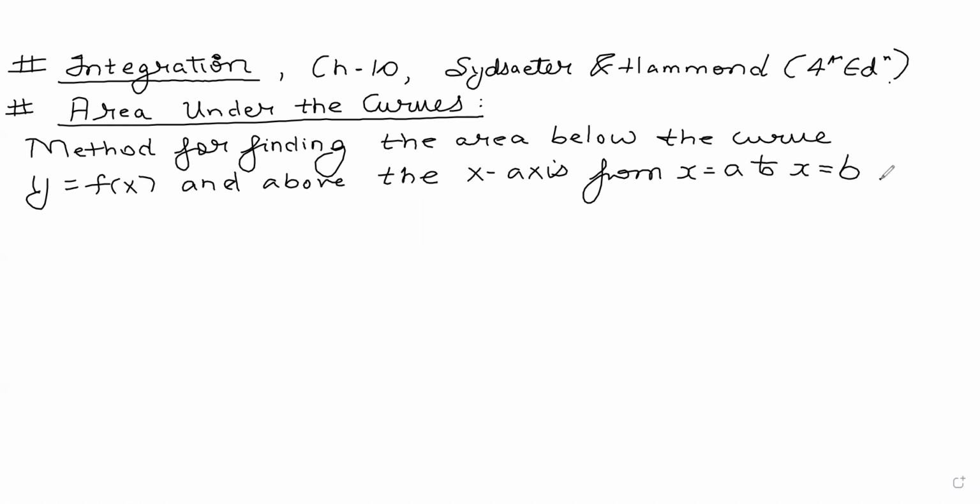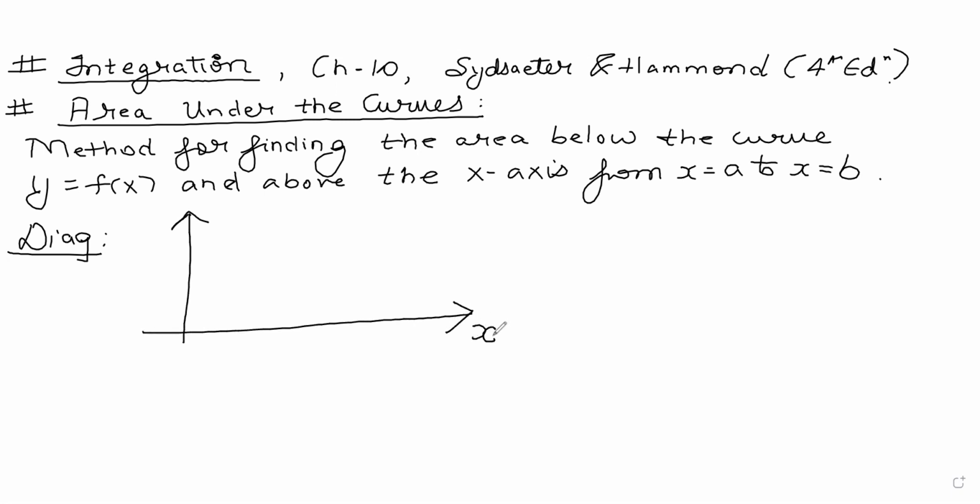So we are interested in finding the area below the curve y equal to f of x and above the x-axis from x equal to a to x equal to b. A diagram is going to help in understanding what is the area we are actually aiming to find out. We have the x-axis, we have the y-axis.